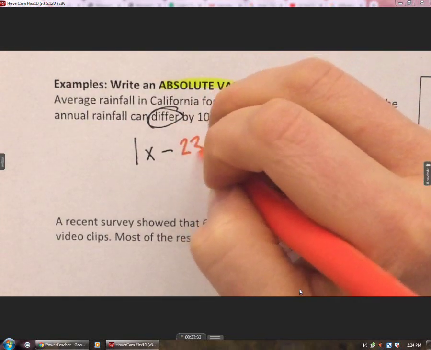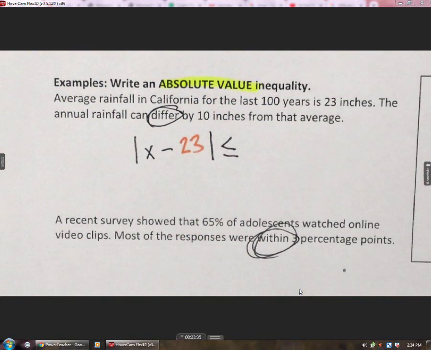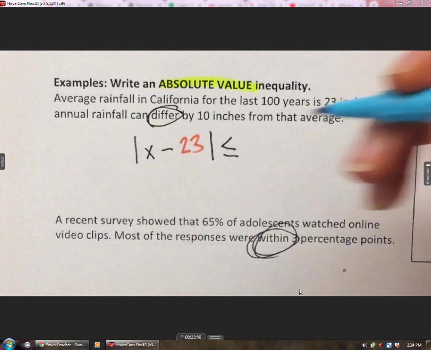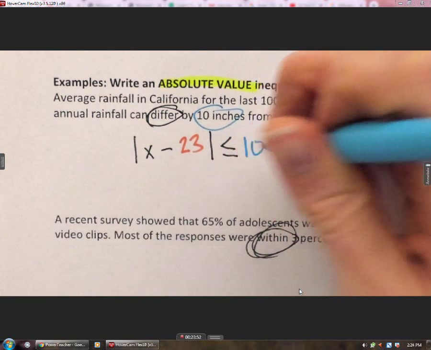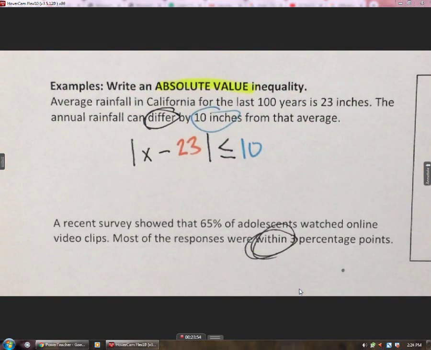It's the average. It's kind of that middle point that we're talking about. But it can differ by like 10 either way. So we have the midpoint and you could be 10 more than that or you could be 10 less than that. So the distance is represented by 10. Does the number 100 have anything to do with anything? No.